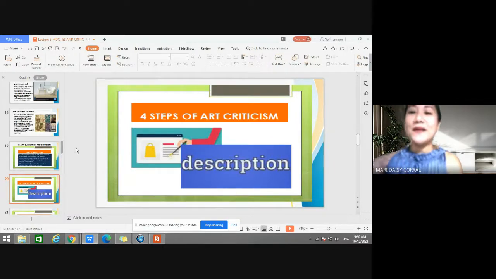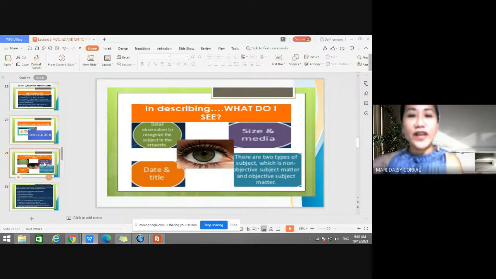When we describe, as the word implies, I want to share this slide with you because it will be very specific for everyone. When we describe, we use the eye in looking at a particular art, and what do we see? So this would be the question that you will pose so that you will be able to describe a particular art. So what do I see? You see with your eye, right? So you get into the details of the art, you look at the colors, you look at the medium being used, you look at the principles being employed.